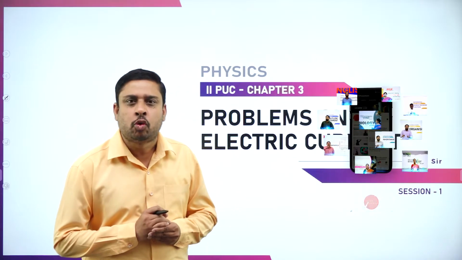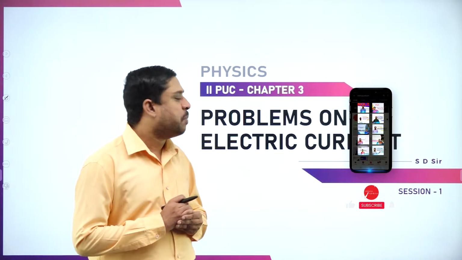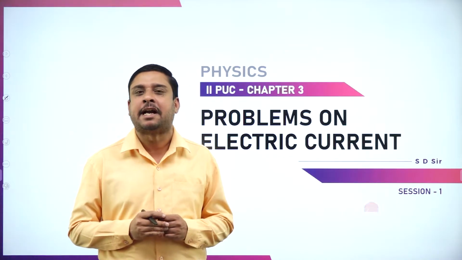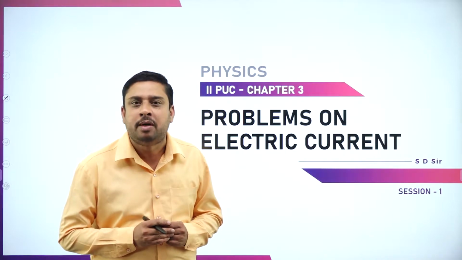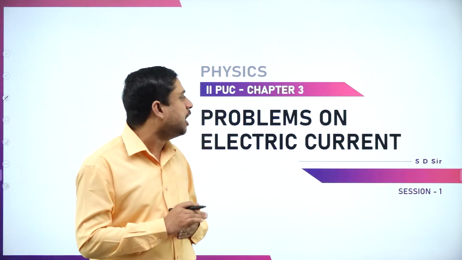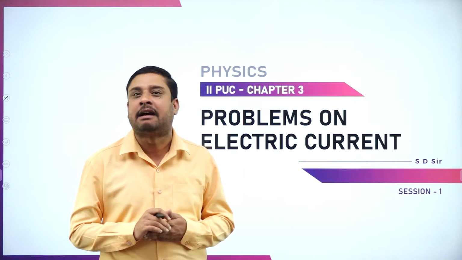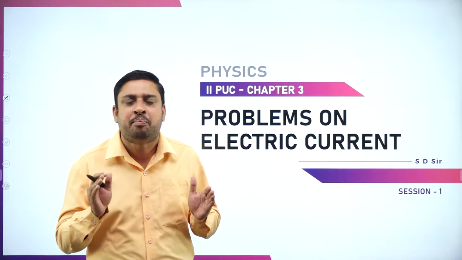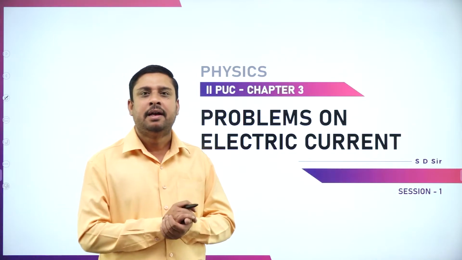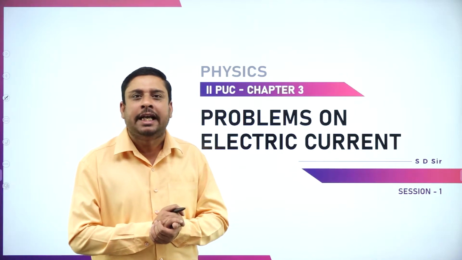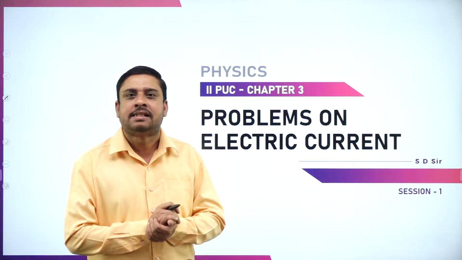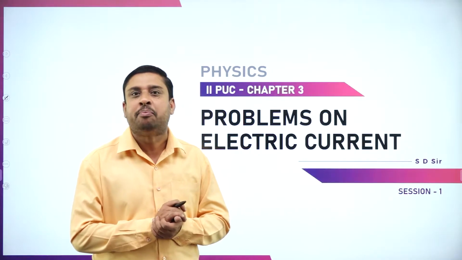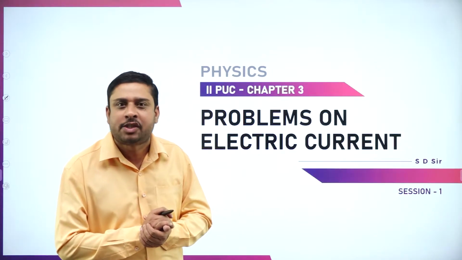In my today's session, my discussion will gravitate around the problems from the chapter Electric Current. Very, very important chapter. I have been calling this chapter a master chapter. So it is very important that you concentrate.